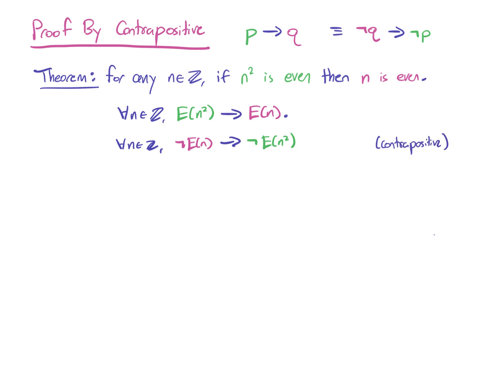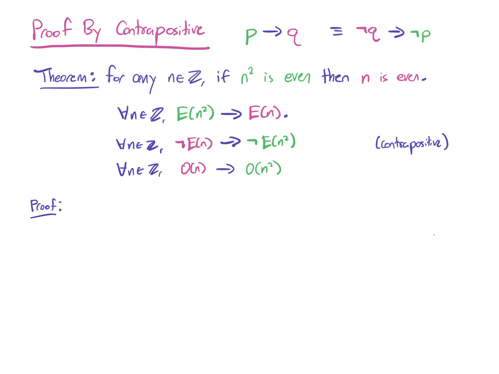And indeed, the opposite of even is odd. So another way for me to say this would be for all n in the integers Z, O of n, so let's assume that's a predicate that means n is odd, implies O of n squared. So now I am in business. I can write a proof that's going to go a lot better for me.